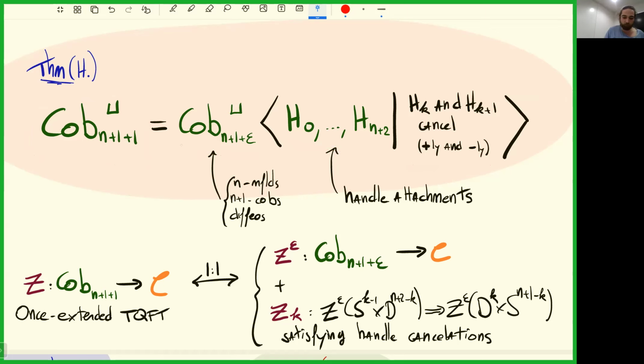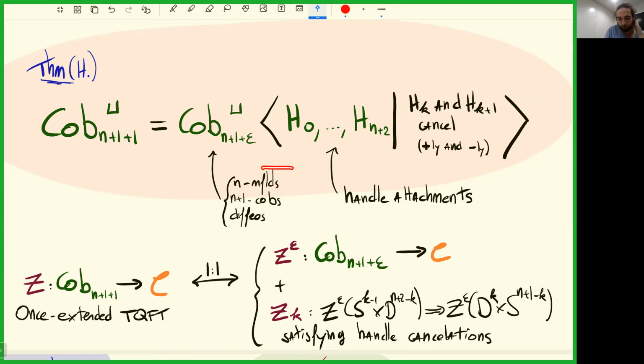The category I'm starting with is very similar. It has the same objects, my objects are still n-manifolds, the same one-morphisms, still n+1 cobordisms, but instead of having any n+2 cobordism with corners, I will only look at diffeomorphisms of n+1 cobordisms. This is a special case of a cobordism. We'll see this in an instant.